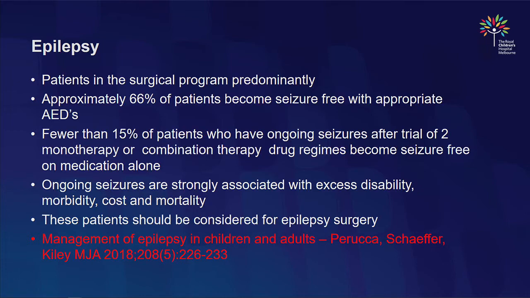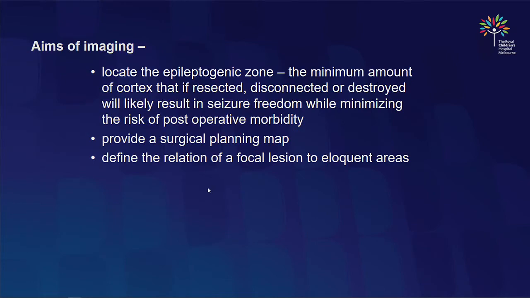And so there's an increased push to try and identify patients that may be surgical candidates. And actually, before I move on, over the years, the general delay for those sort of patients to actually get to surgical programs is in the order of decades. And so if you have decades of ongoing seizures, that comes at a significant cost.